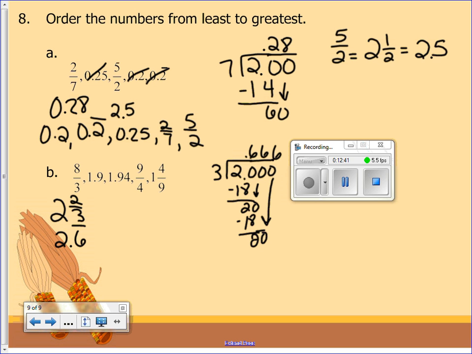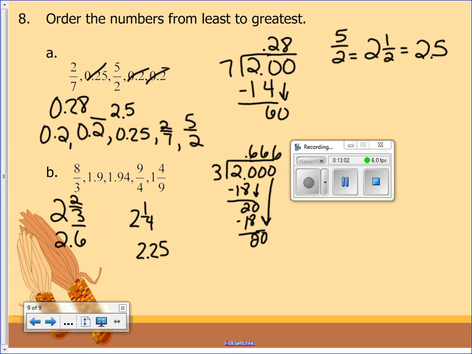You will need to put this to memory. Now we have 9/4. 9/4 will change to 2 1/4, which is the same as 2.25. Again, another one you need to commit to memory.